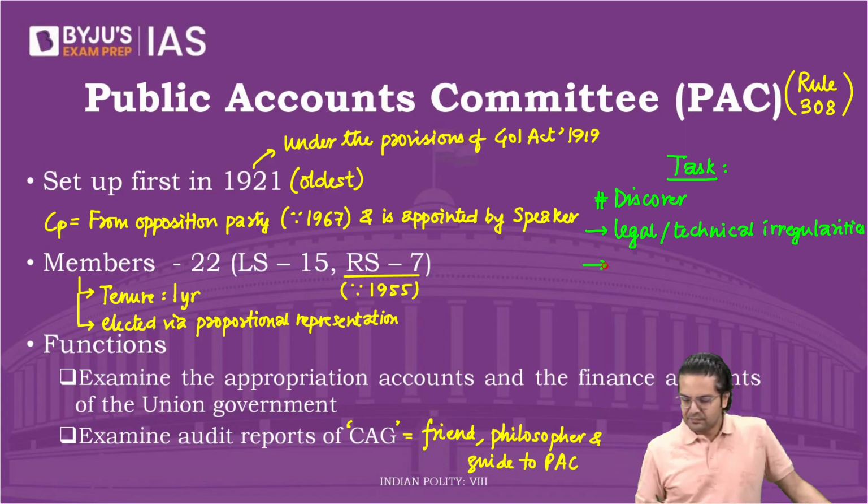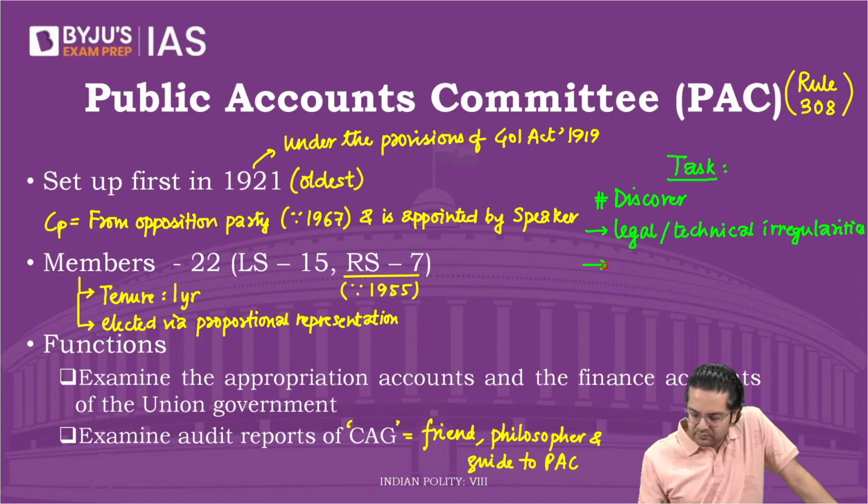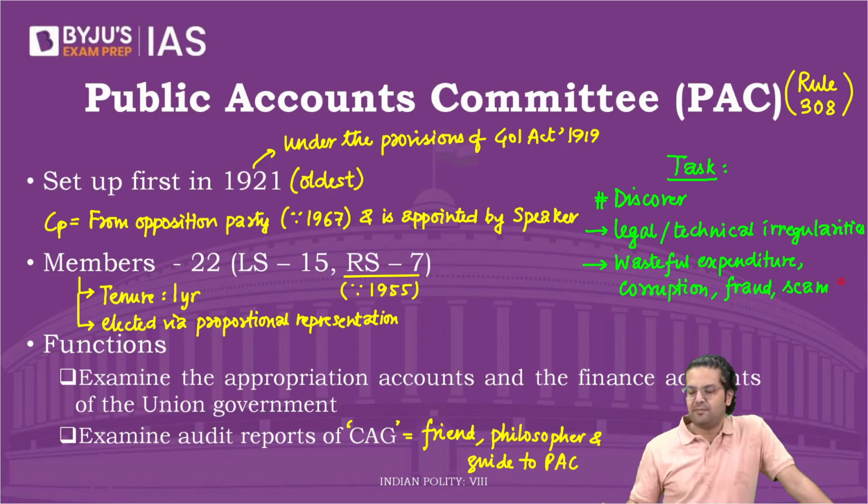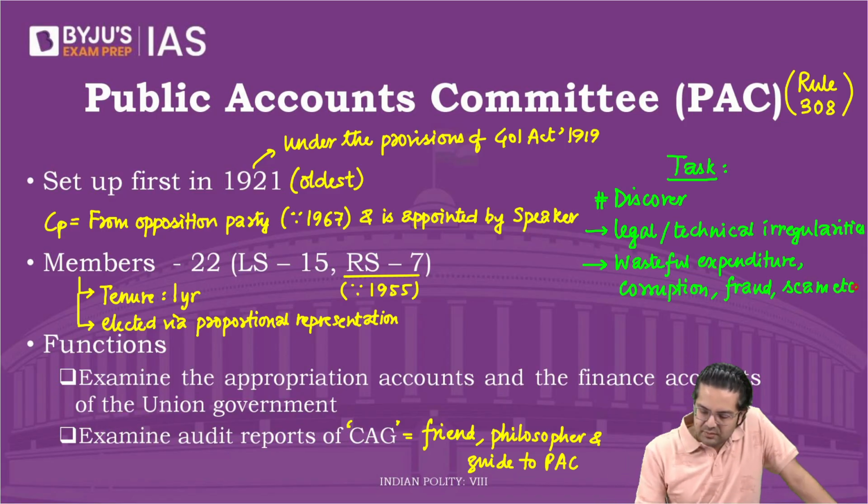Second thing is to also discover any wasteful expenditure, when the government has wasted money, any act of corruption, any fraud, any scam, any inefficient expenditure, etc. So this is primarily the task performed by the PAC.